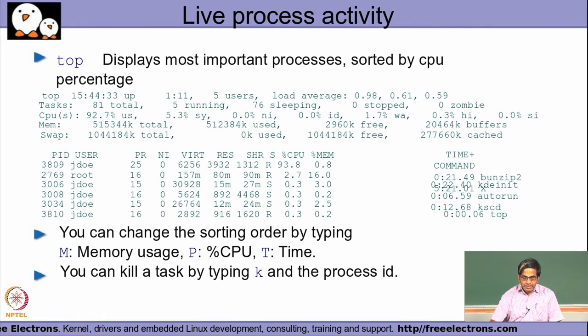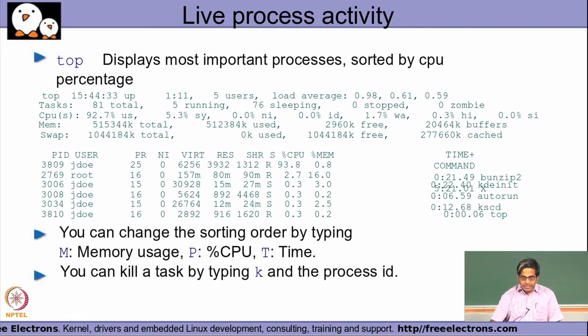It prints the details in a very dynamic manner and is continuously refreshed every few seconds, so that the system administrator can find out which processes are consuming the maximum amount of resources.